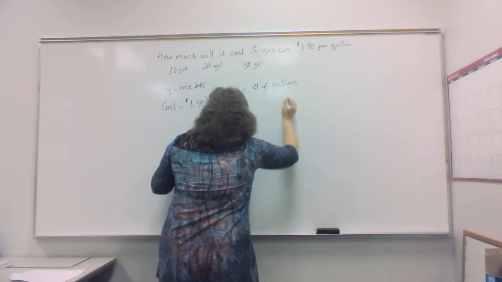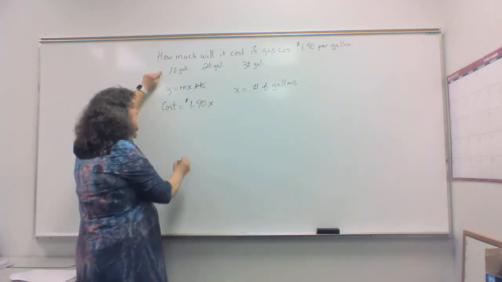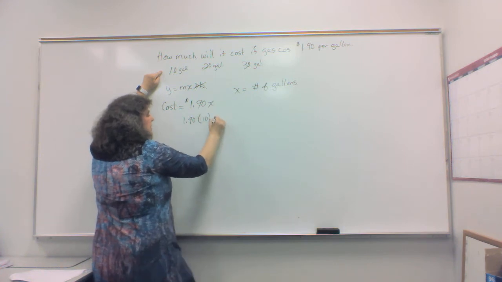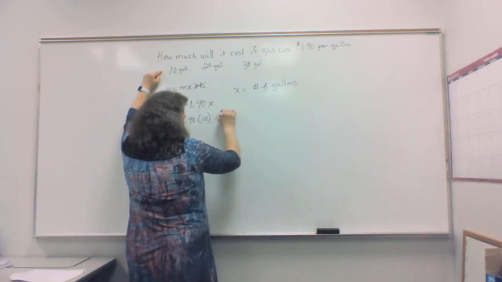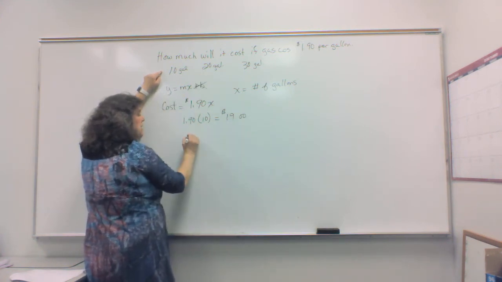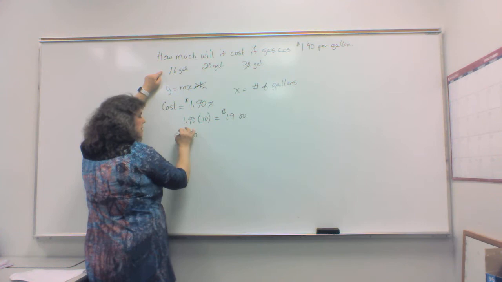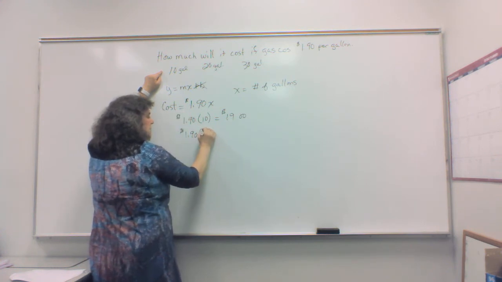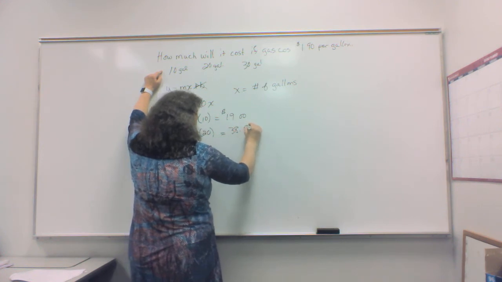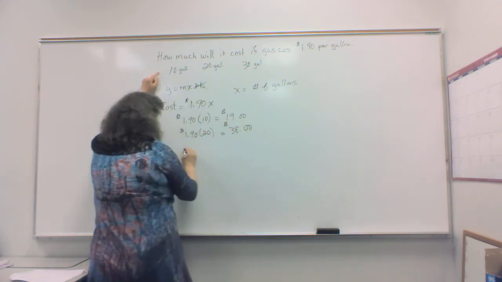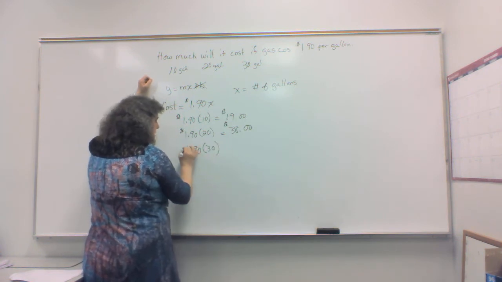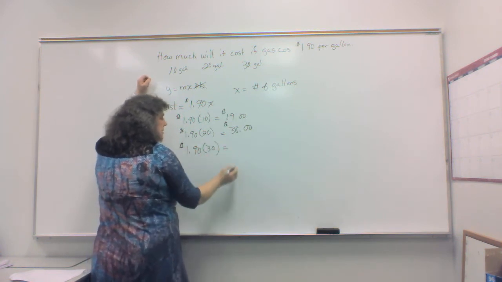So therefore, how much will it cost if I buy 10 gallons? So $1.90 times 10 is going to equal $19. How much will it cost if I buy 20 gallons? So $1.90 times 20 is going to equal $38. And $1.90 times 30, because that's the next one they want to know, is going to equal what?